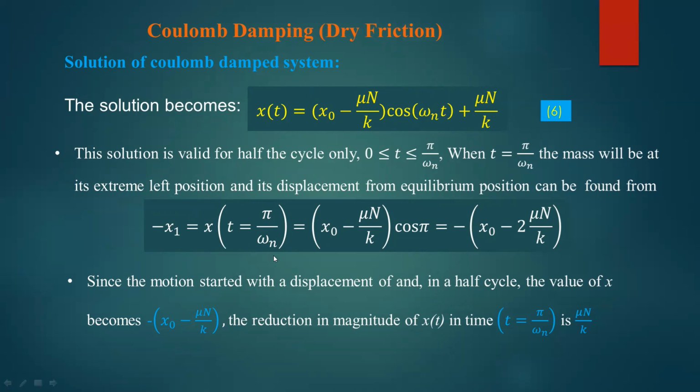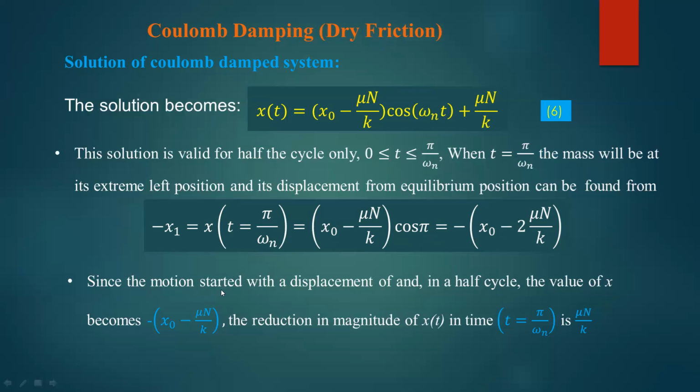Initially, the condition x of t equal to 0 is satisfied in this equation number 6. Now the next condition is minus of x1, which is equal to x of t at t equal to pi over omega n. So that means x naught minus mu n over k times cos pi, which is equal to minus of x naught minus 2 mu n over k.